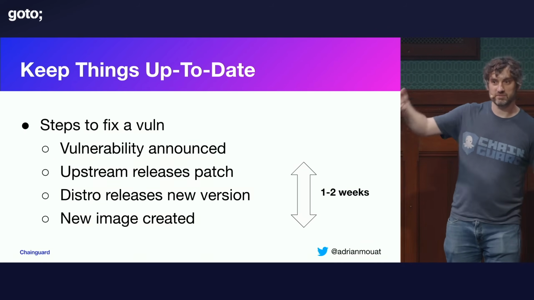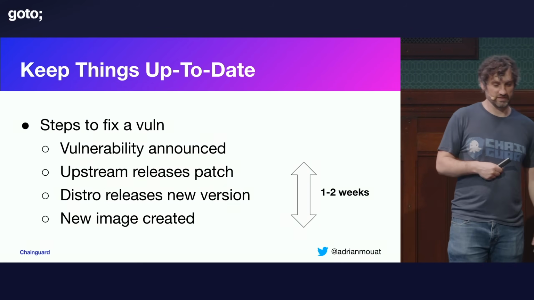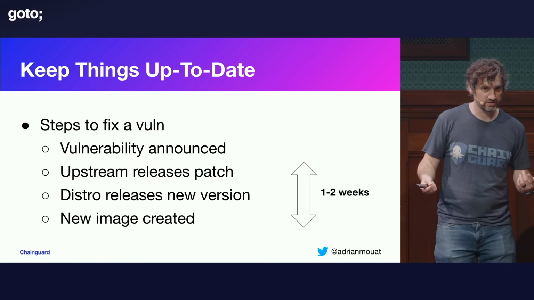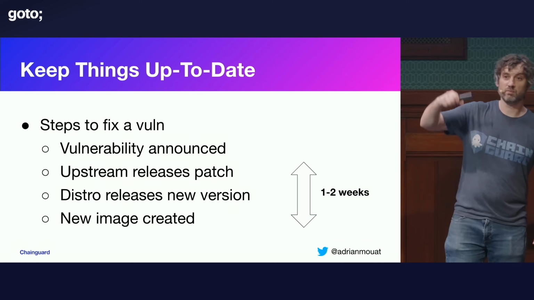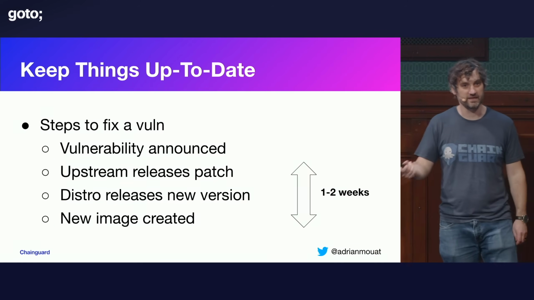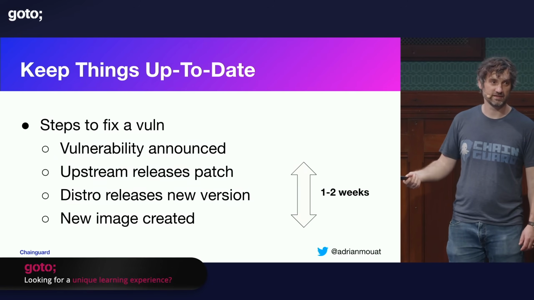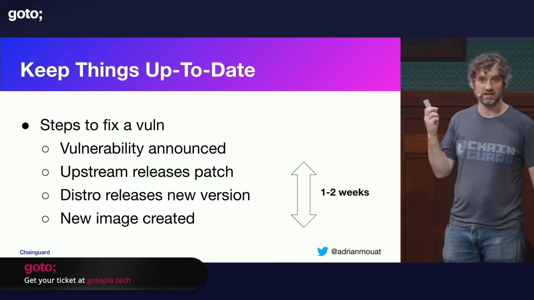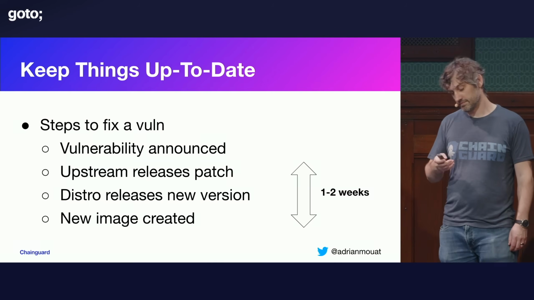But after the upstream releases a patch, you have to wait for the distribution, like Alpine or Debian, to pick up that patch and create a new package with that patch inside it. Then you have to wait for Docker or whoever is creating the image to create a new version of the image with a new version of that package inside it. From my own non-scientific research, it seems that this takes around 1 to 2 weeks.